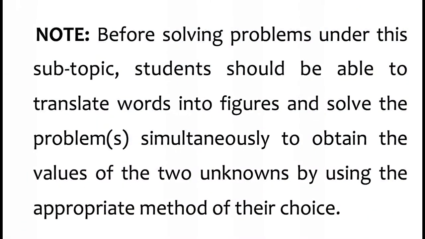Before solving problems under this subtopic, students should be able to translate words into figures and solve the problems simultaneously to obtain the values of the two unknowns by using the appropriate method of your choice.